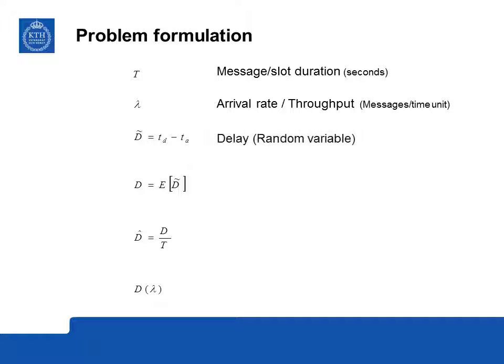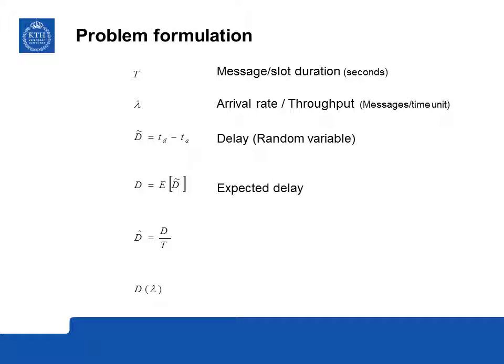The key performance measure is the delay. That is the time difference between the time of departure, or when the message is leaving the system, and its time of arrival. This delay will vary over time. It will vary over packets, and so we will model this as a random variable denoted d tilde. This random variable has statistical properties.